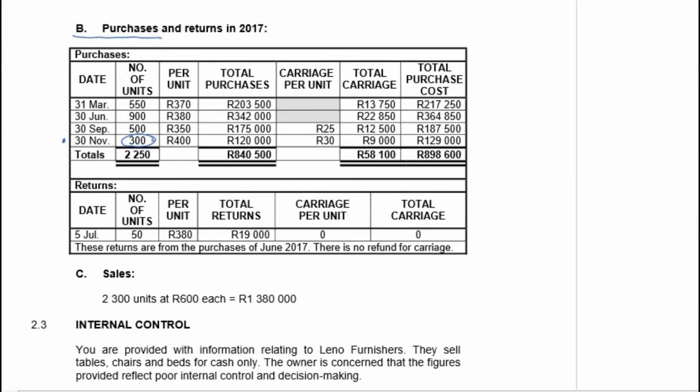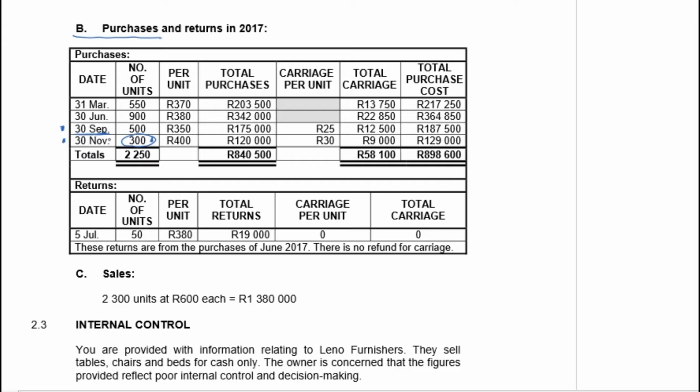So these 300 units are not going to be enough for us to do the stock valuation. So it means that we must now assume that the rest of the closing stock units come from the second last purchase. So that is the purchase that was done on the 30th of September 2017.